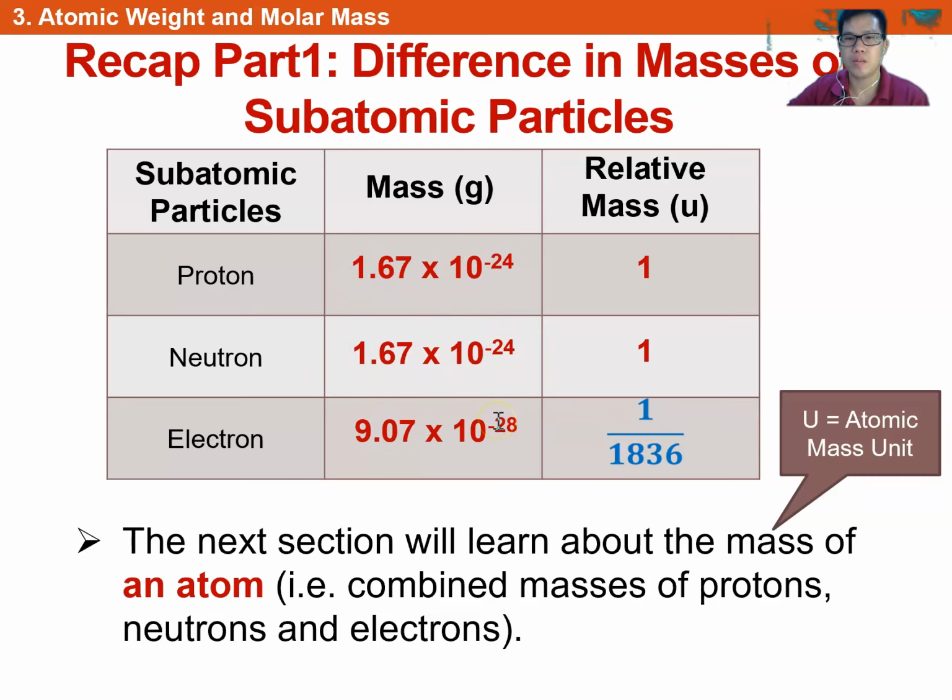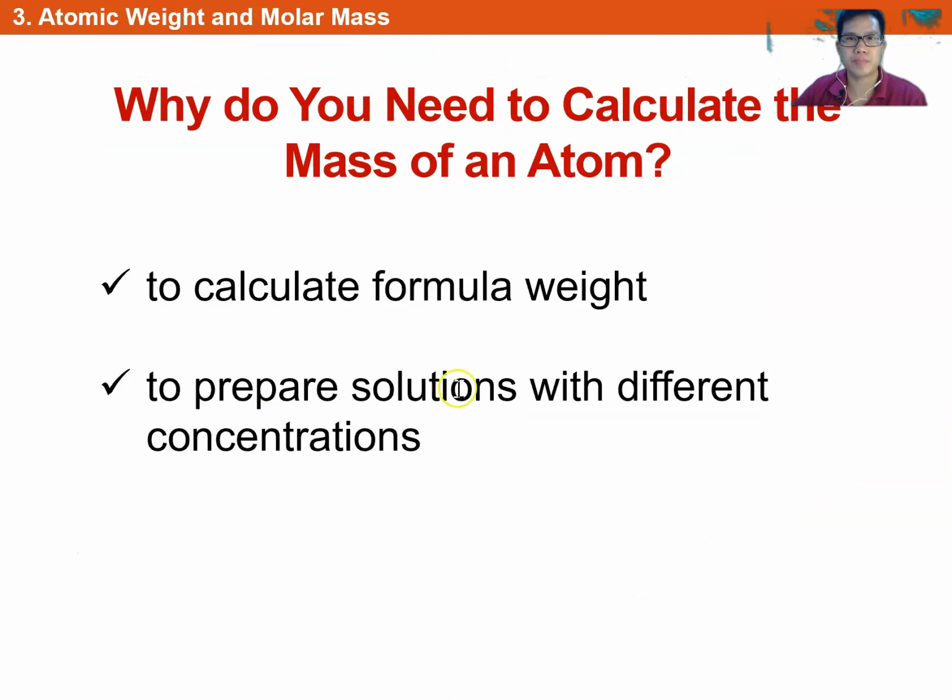Alright. Okay, let's look at it here. Why do you need to calculate the mass of an atom? To calculate what we call the formula weights, and also to prepare solutions with different concentrations. Because when you want to measure something out, in a lot of the things we do, we actually quantify based on the mass.